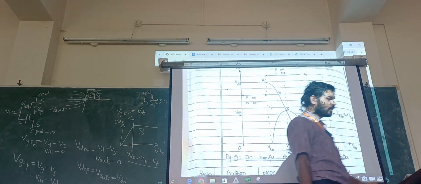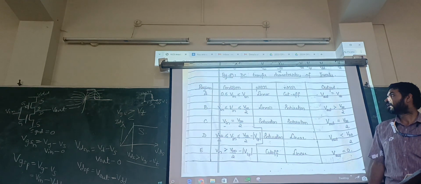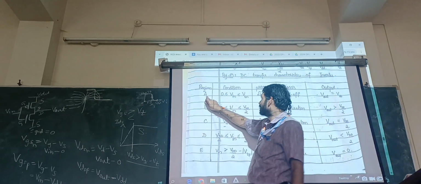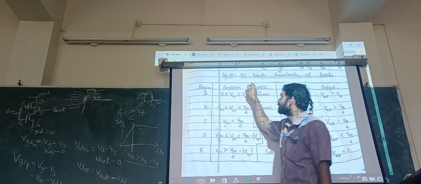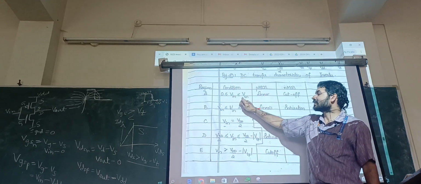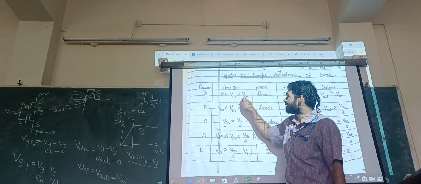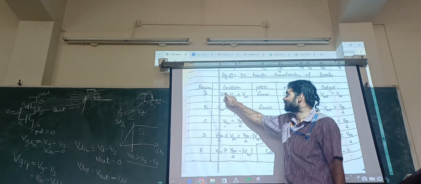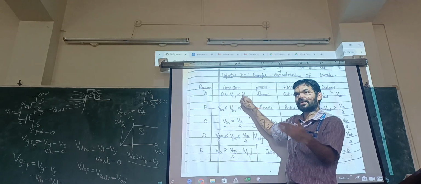And the summary of the individual MOSFET regions. Region A: what is the condition? The condition is input is almost near 0 or equal to 0, and below the threshold voltage.